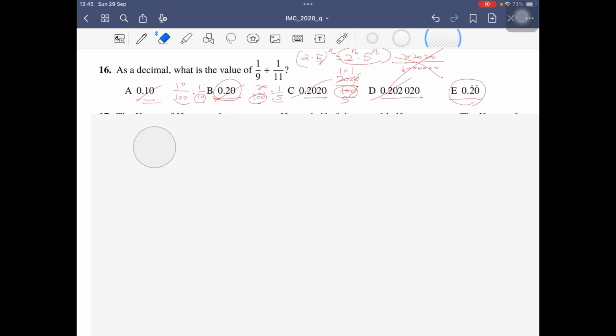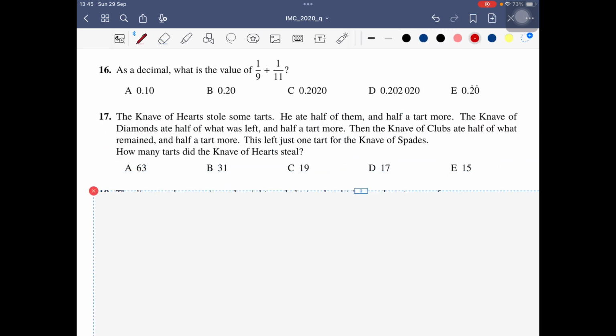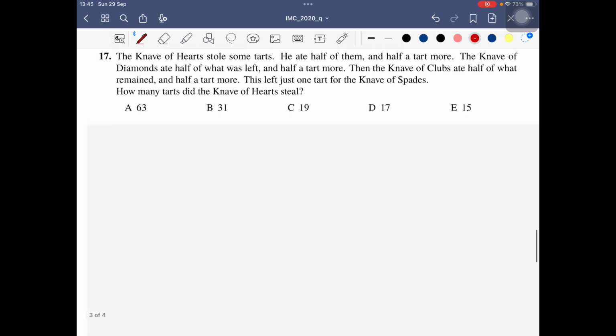So let's go for the next one. Knave of Hearts stole some tarts. Let's say n tarts. He ate half of them. So now there's only half of the tarts, and half a tart more.